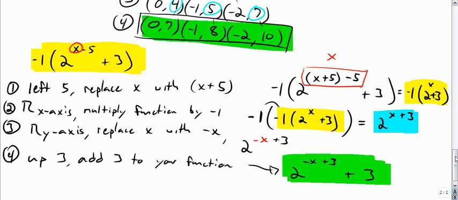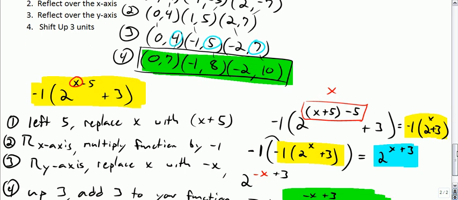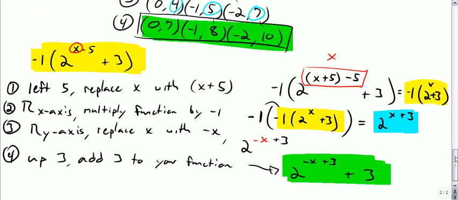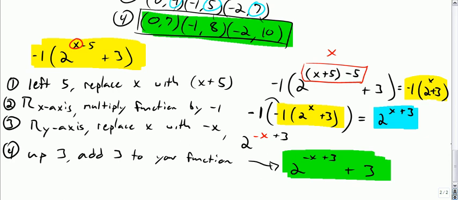Reflect over the x-axis, which would be change the sign on the y, so multiply my function by -1. So I put a -1 out, 2 to the x. Ooh, I found it. Right here. It's 2 to the x plus 3.